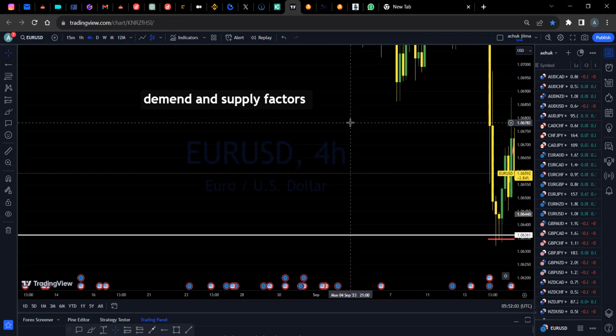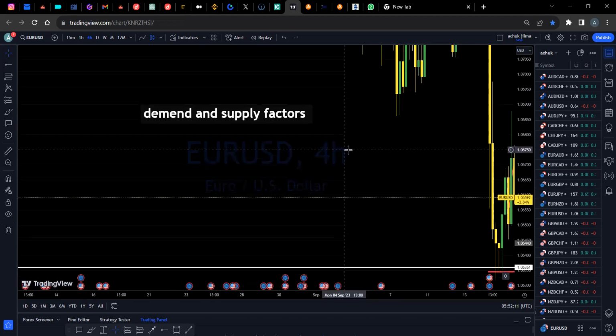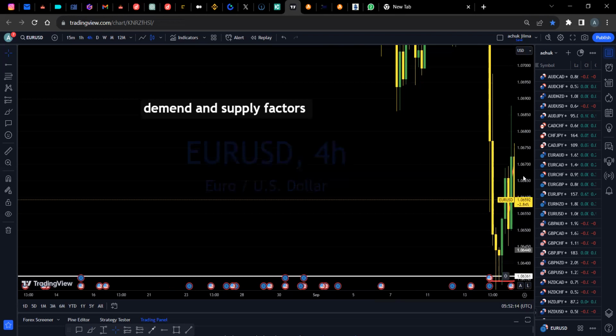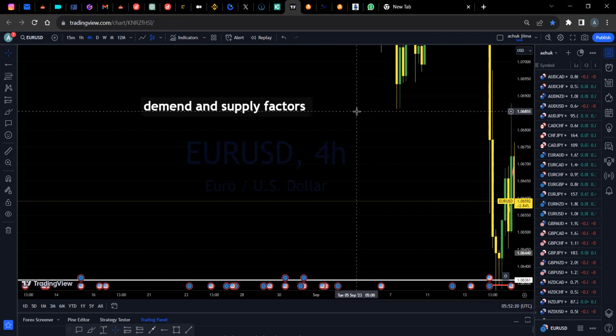I'll give you an example. If I pick the idea of the petrodollar and use it in determining the strength of the dollar, you realize that because of the demand for the dollar as a currency, because it is one of the most globally used currencies.